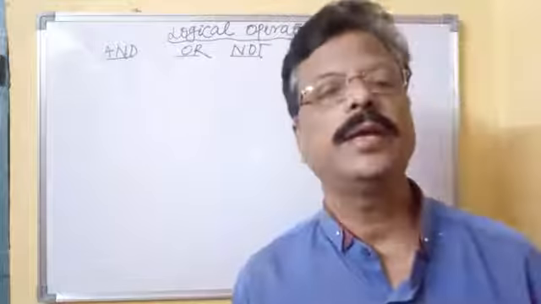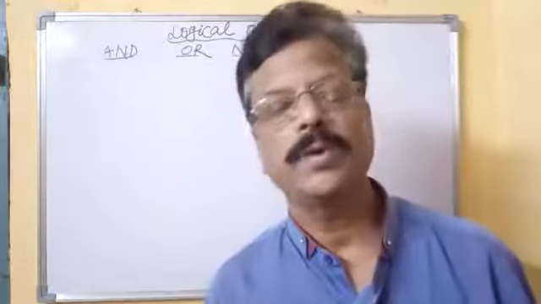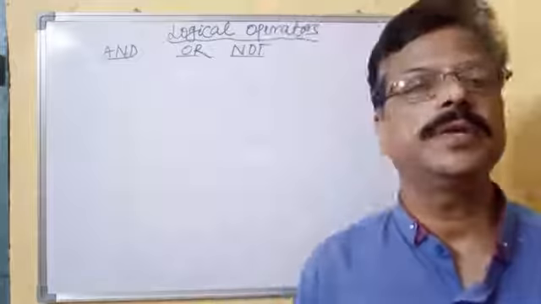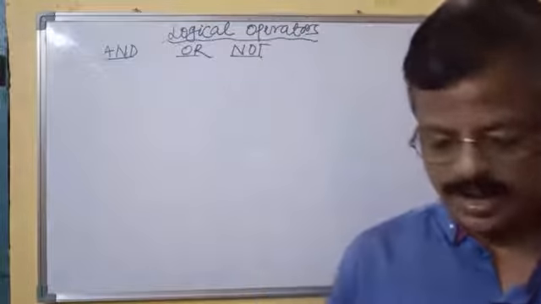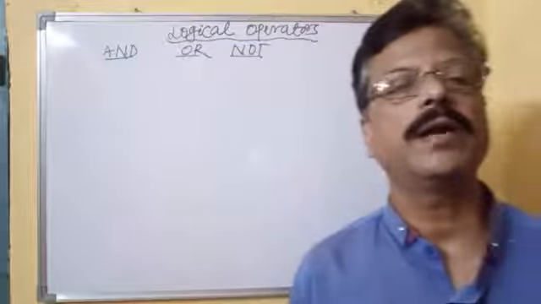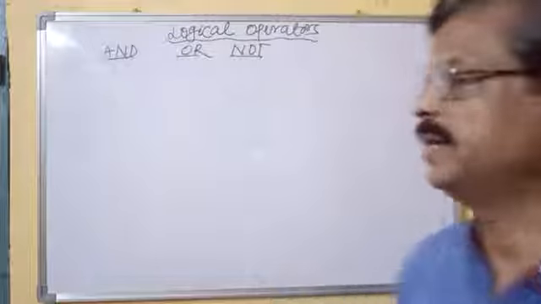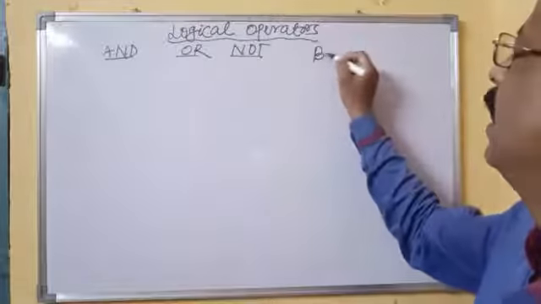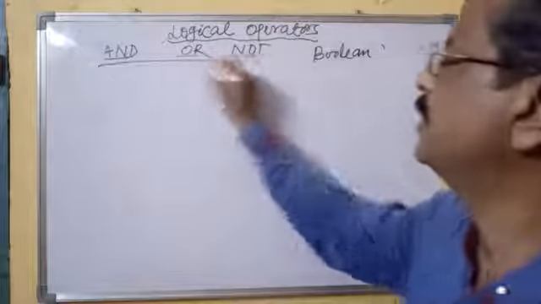So there are three logical operators in Java, and we write these logical operators with logical types of expressions, relational expressions, and boolean type of data. You already know boolean is one category of data, and this boolean data can be used with these logical operators.